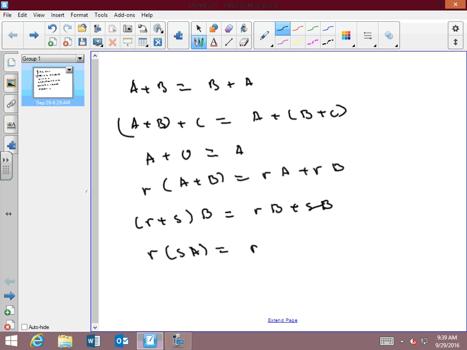You can do the scalars first and then multiply it times your matrix. So those properties, we're comfortable with those because that's what we're used to in the real numbers. And then they're going to go through some proofs.